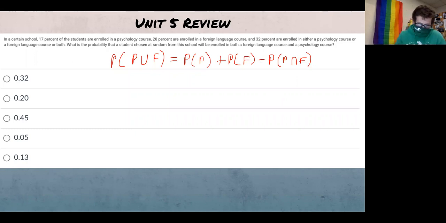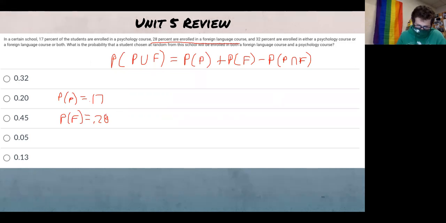We're seeing right now already that 17% of students are enrolled in a psychology course, so the probability of being in a psychology course is 0.17. The probability of being in a foreign language course is 0.28. And it says there's a 32% probability of being enrolled in either one or both.